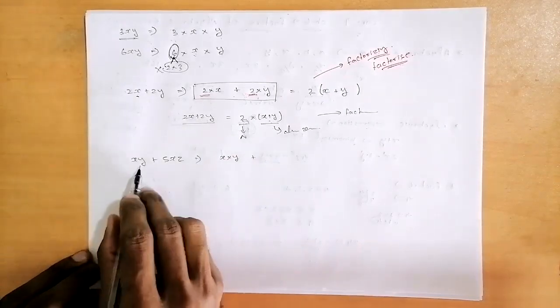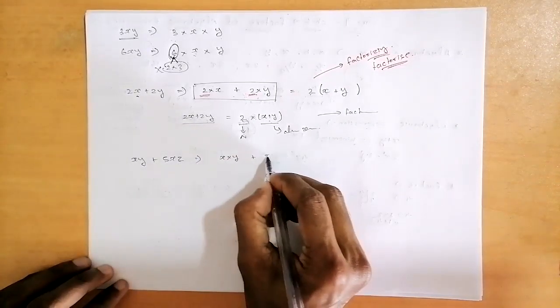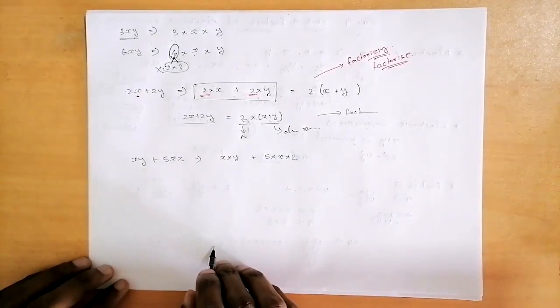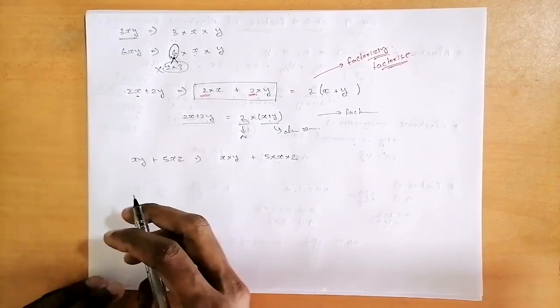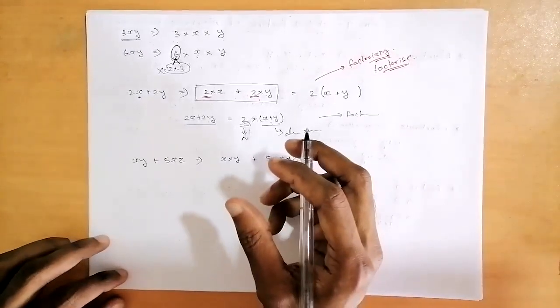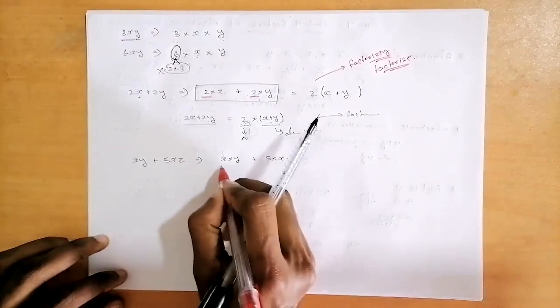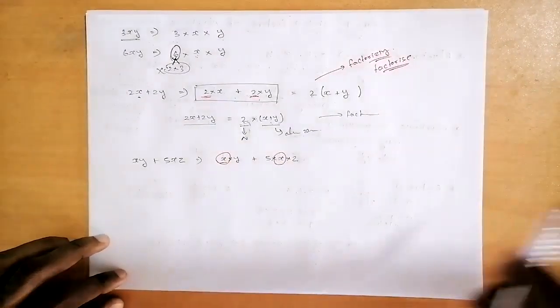That's how xy is created. 5xz is 5 into x into z. Why are we going to check how it's formed? Only then can we take the common element. Which is the common element here? We have x here, another x here. So x is the common element.